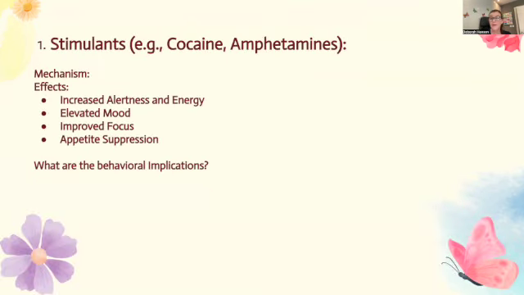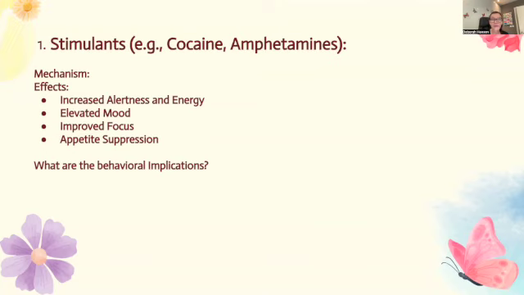These include cocaine and amphetamines, but what exactly do stimulants do? What are the effects? One of the effects would be increased alertness and energy. It produces that feeling of alertness, increased energy, reduced fatigue. Another one would be elevated mood. They often induce a feeling of euphoria, feelings of pleasure.